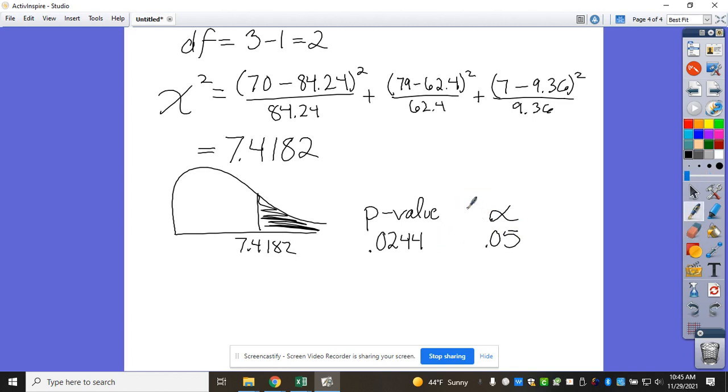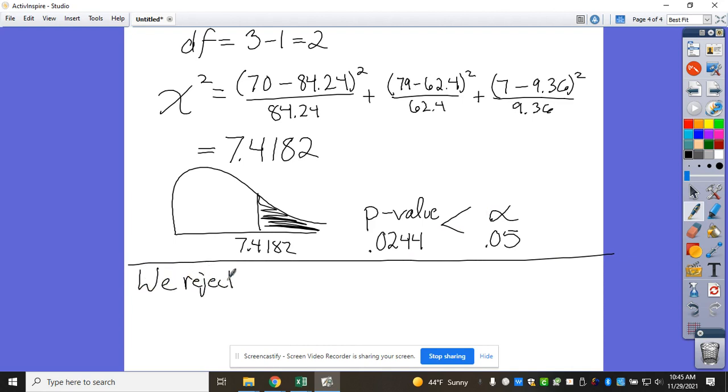Which means this is less than, so our now much shorter hand conclusion, we what? And I can just write this because that's long and I've already written very clearly what that is.